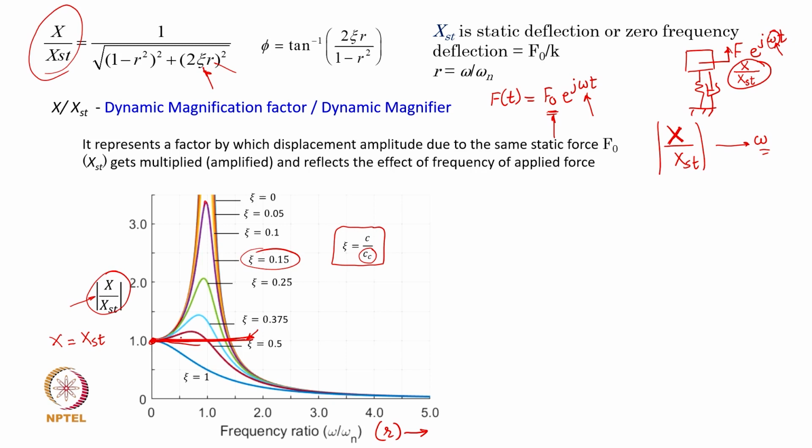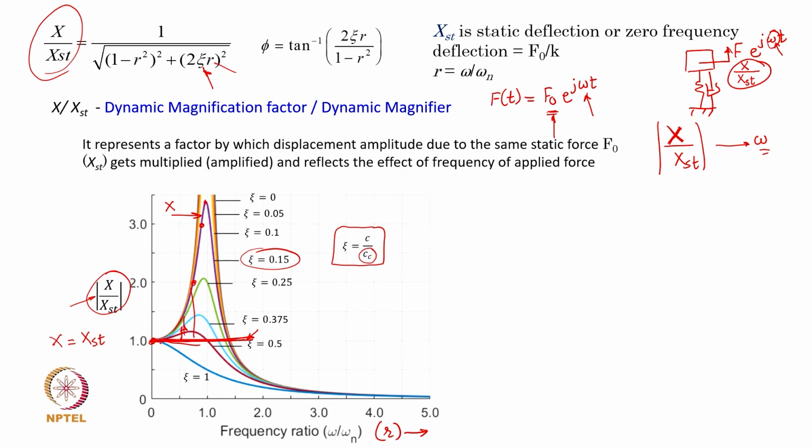What is being observed here is that at all of these r values, the actual amplitude capital X is here 2 times the static deflection, here 3 times, here maybe 3.7 times the static deflection, which means there is an amplification happening in the response of the system.